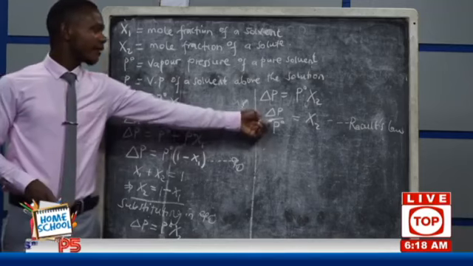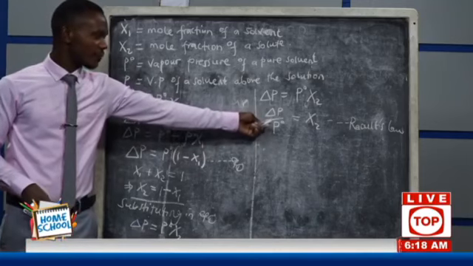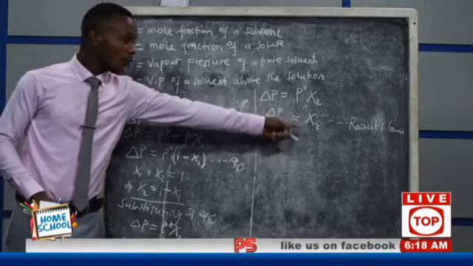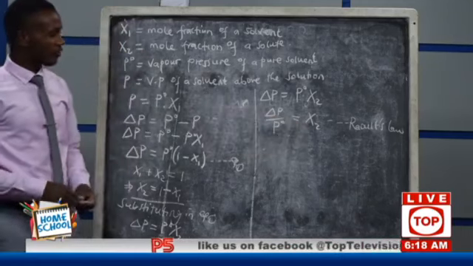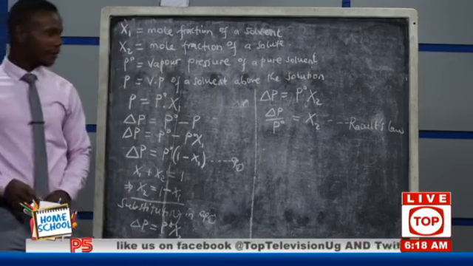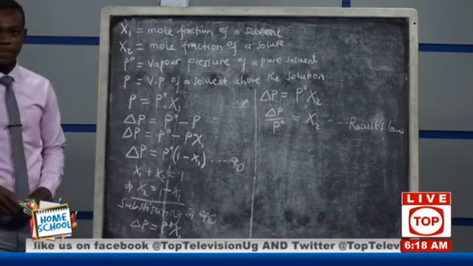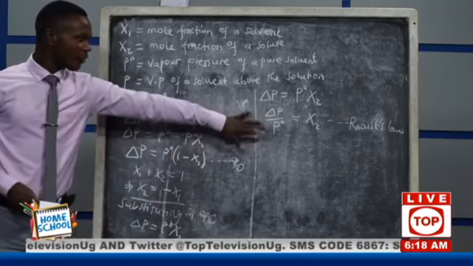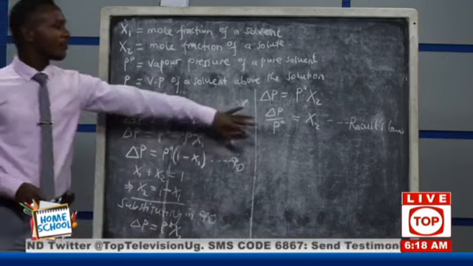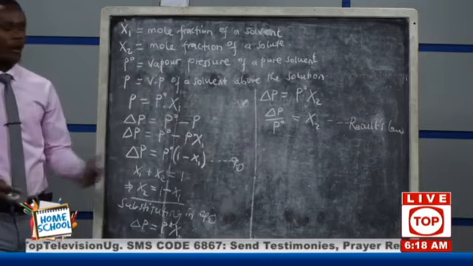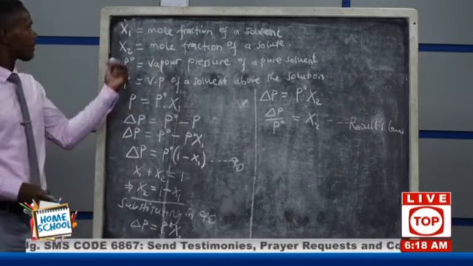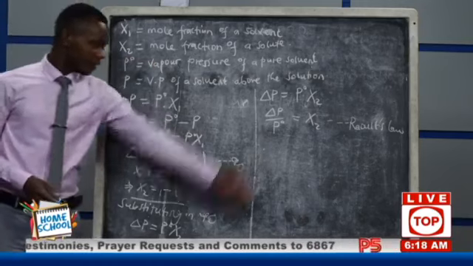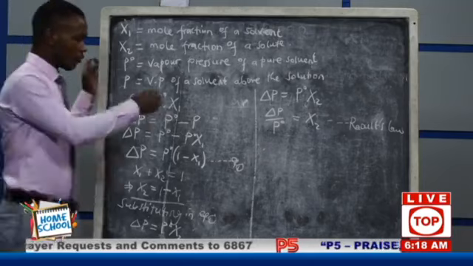This is the relative lowering of the vapor pressure, and it is equal to the mole fraction of the solute in a solution at a given temperature. This is Raoult's law. Having got this one, we can play around with it to see how we can do the calculations, because some of you can't find the mole fraction in our question, so we need to go with that one.